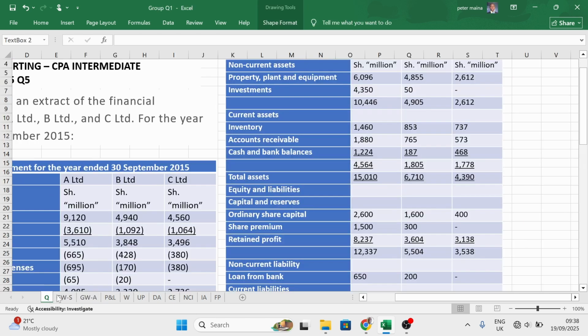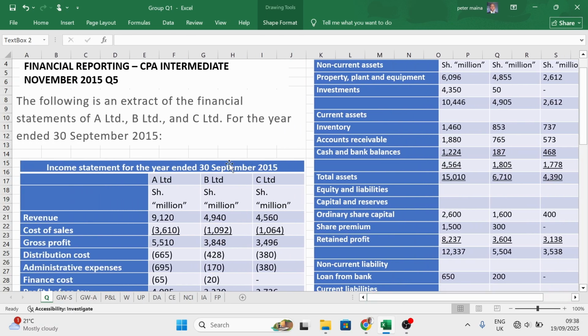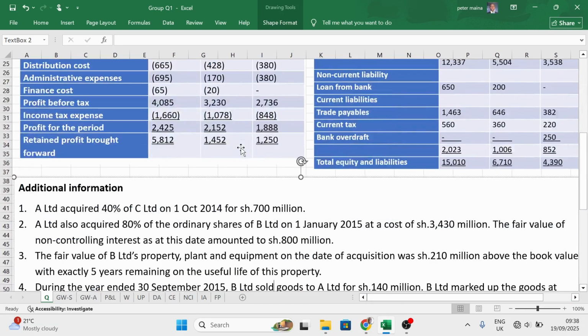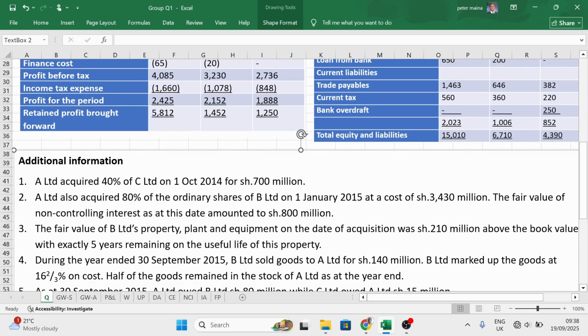So if you go back to the question, first, look at the date. Look for the date when C Limited was acquired. It was on 1st October 2014, and this is the date we said is the beginning of the current financial year. So if we can get the profit as at the beginning of this financial year, we have the pre-acquisition profit.